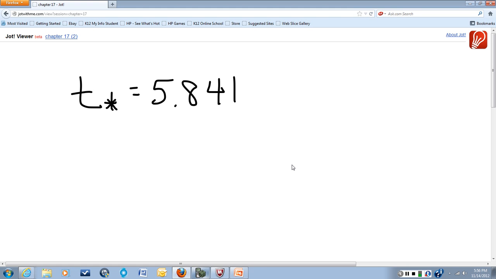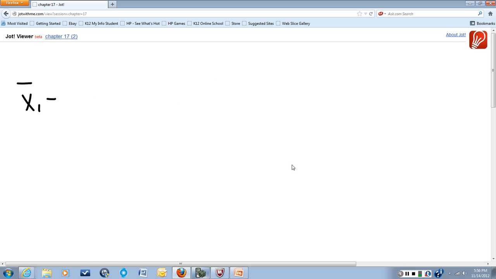Now the last step here is to actually construct our confidence interval at 99%. The way we're going to do that is we will do x bar 1 minus x bar 2 plus or minus T star times the standard error that we found. And now we're just going to plug numbers in.